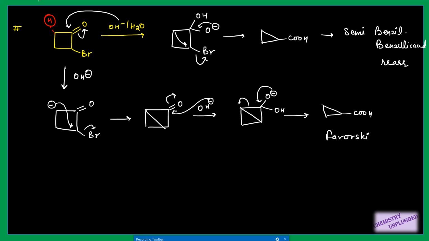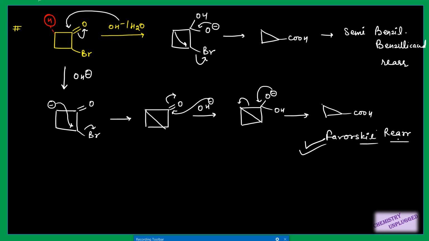We have already made a video on the Favorsky rearrangement. If you have not seen that one, you can watch that video, right? So how will you decide which reaction will be followed? Most of the time the Favorsky rearrangement reaction is more favorable. If you have a general type of molecule, when an alpha proton is present in the molecule, then you will follow the Favorsky rearrangement.